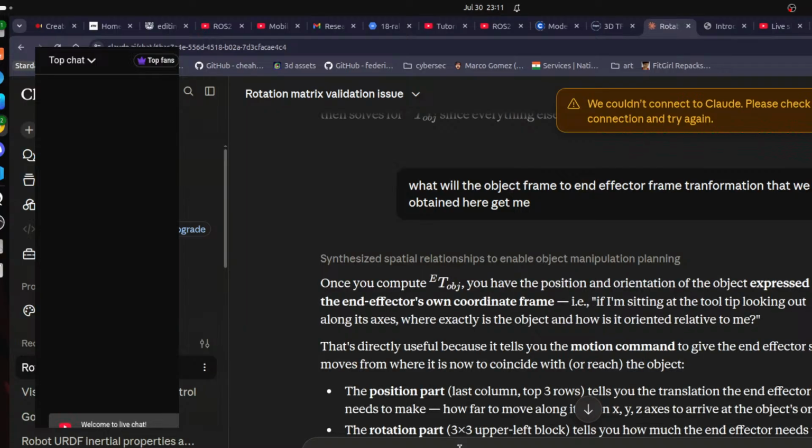The orientation of the object expressed in the end effector's own coordinate frame.